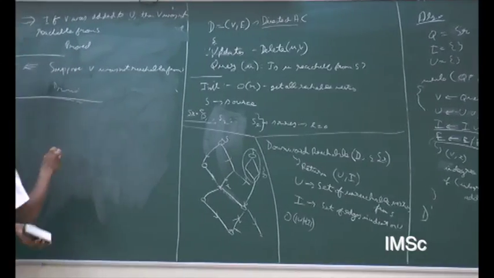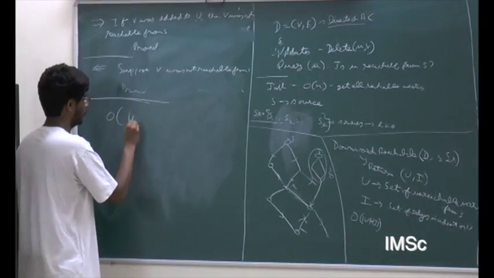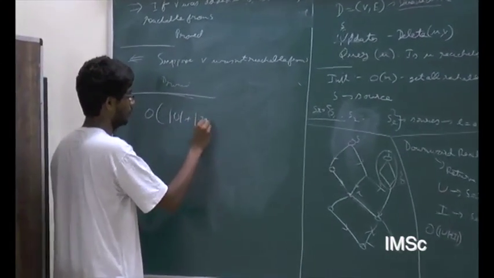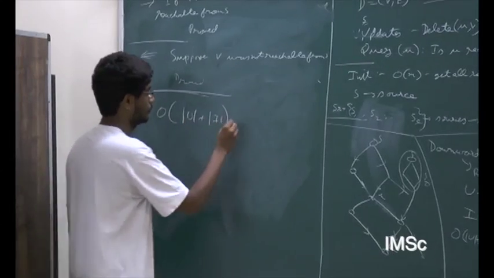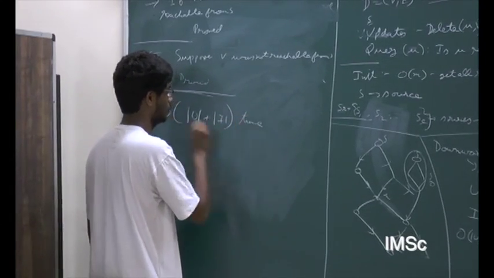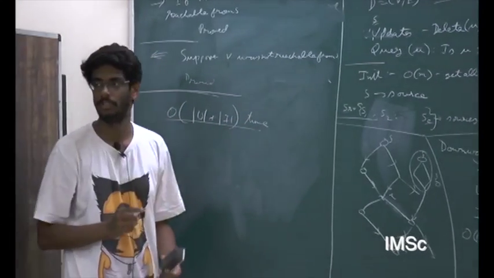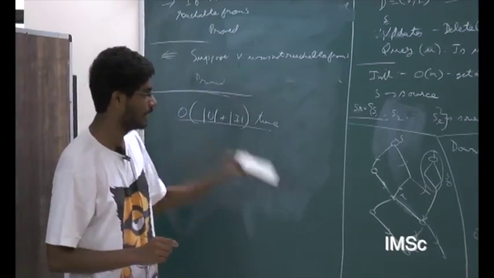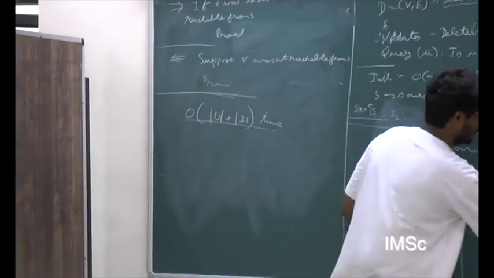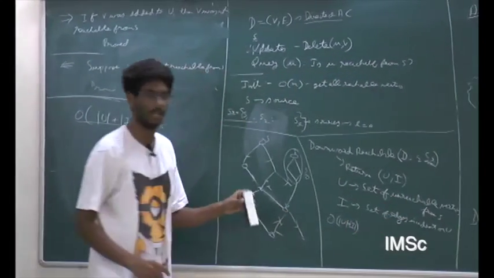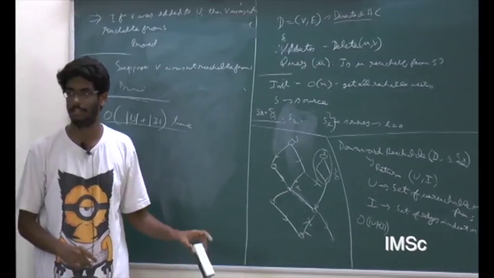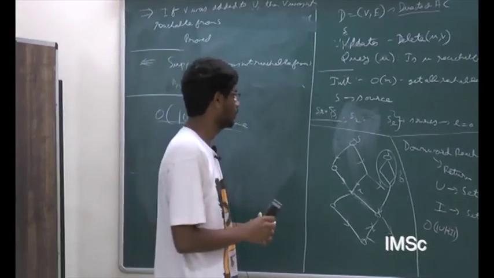So the running time is order of mod U plus mod I. Given the other sources, in this much time I can find the entire reachability graph.